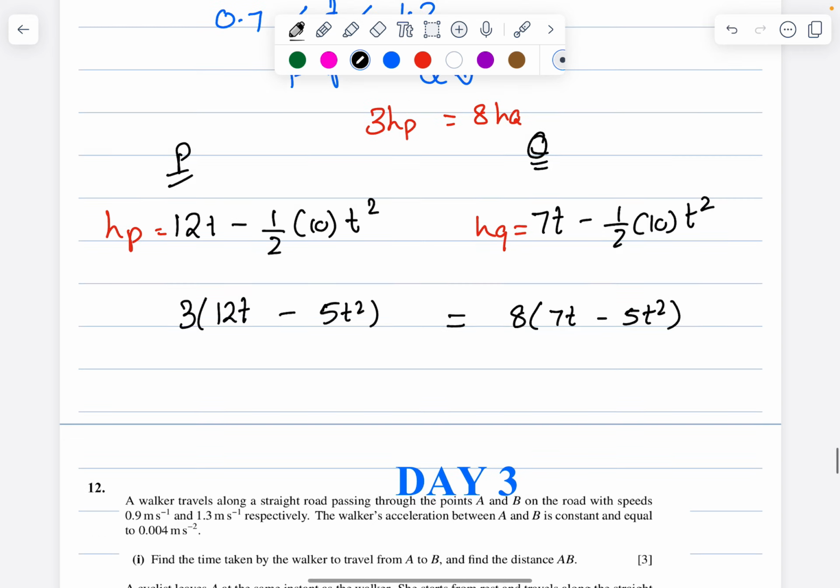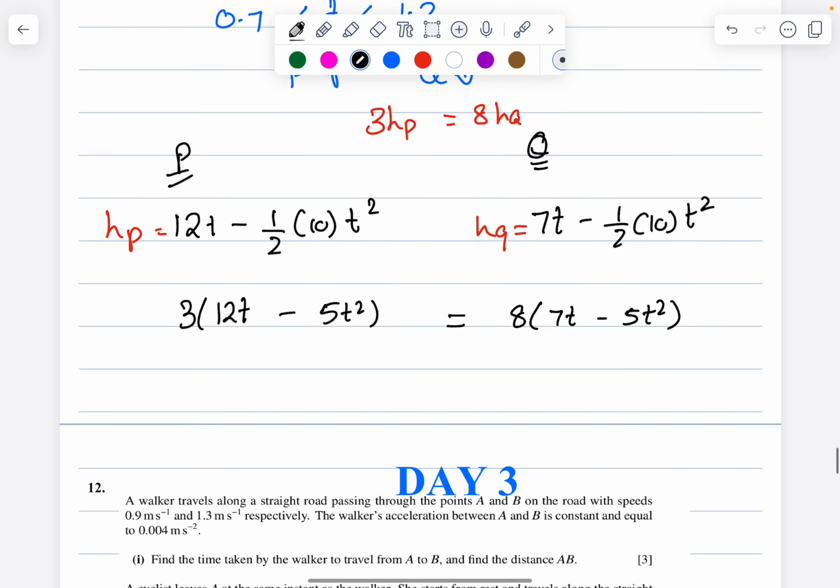Then what am I going to get from there? Let me add a page over here to do more calculations, that will be the better way.